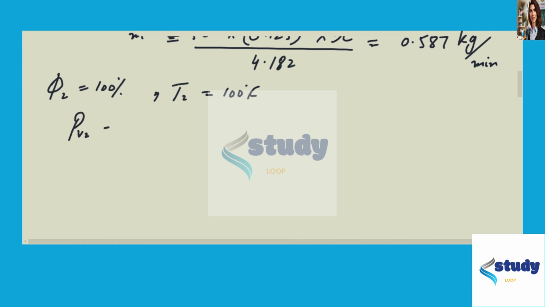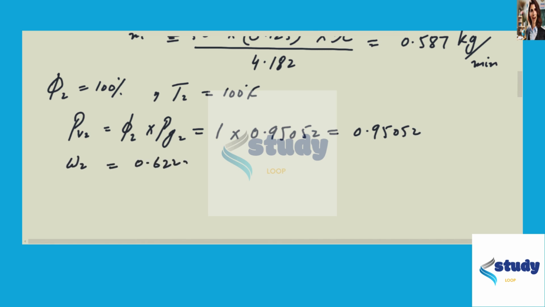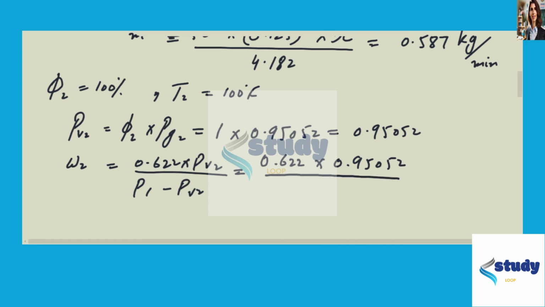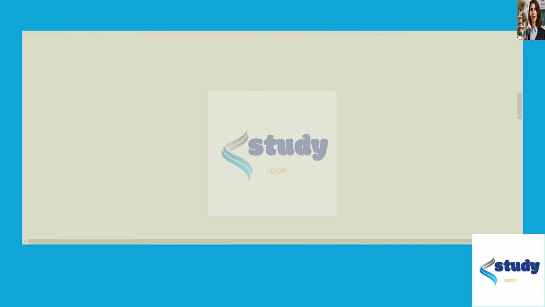PV2 is equal to phi 2 multiplied by Pg2, equal to 1 into 0.95052, which is 0.95052. Then W2 is equal to 0.622 into PV2 divided by P1 minus PV2, equal to 0.622 multiplied by 0.95052 divided by 70 minus 0.95052, and that is equal to 0.00856.